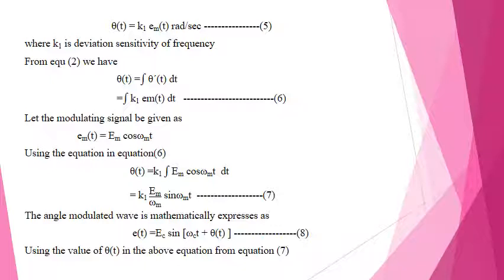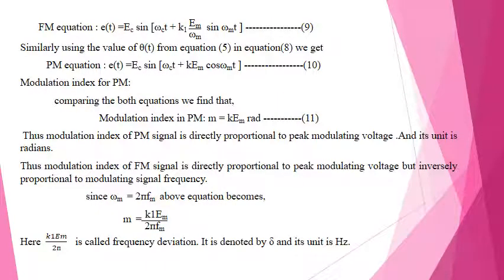So the angle modulated wave is mathematically expressed as e(t) is equal to Ec sin (omega c t plus theta(t)). So using the value of theta(t) in the above equation from equation 7, we will get the FM equation as e(t) is equal to Ec sin (omega c t plus k1 Em by omega m sin omega m t).